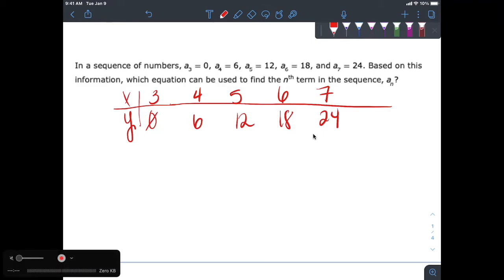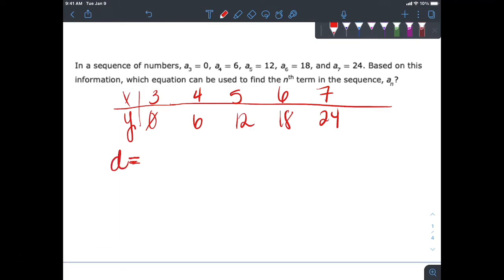Now I'm going to analyze this pattern. I see plus 6, plus 6, plus 6, plus 6. So that tells me that d, the common difference, is plus 6.